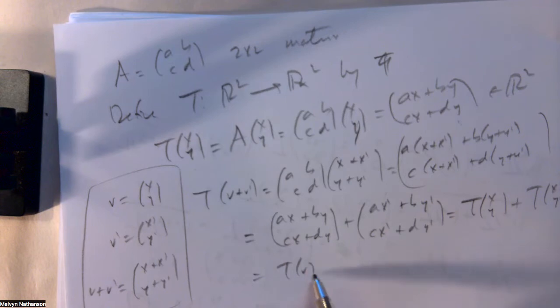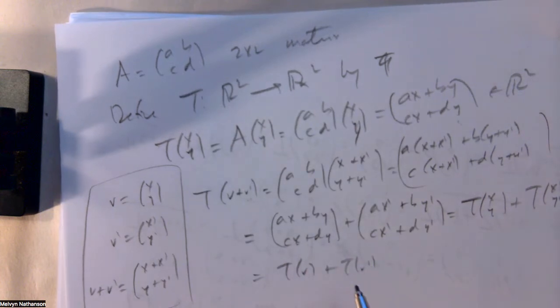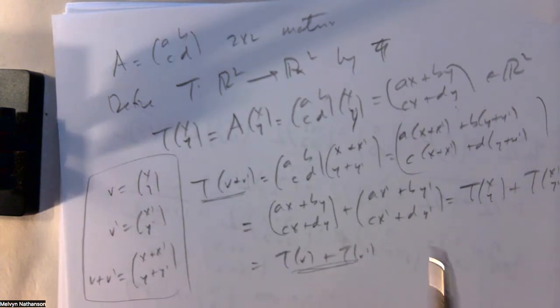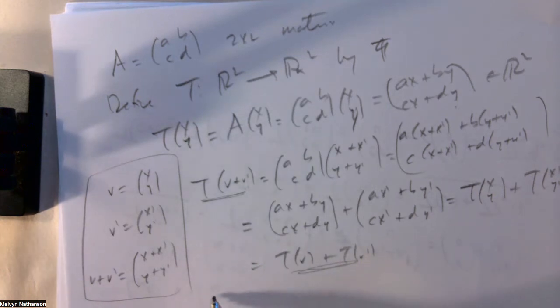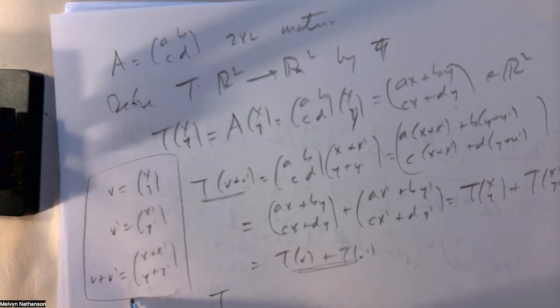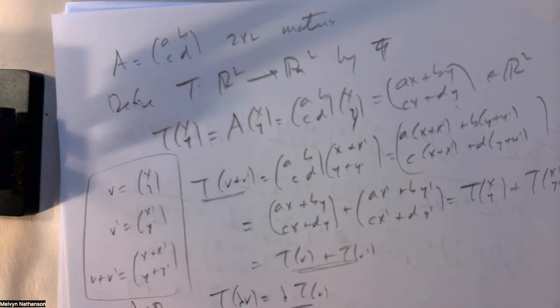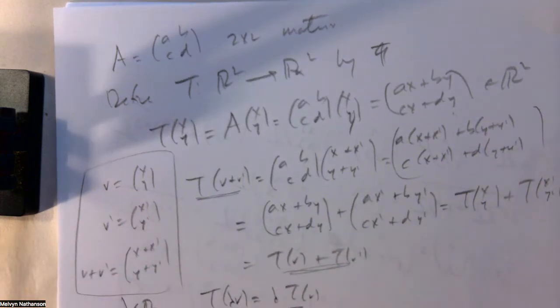So that's T of v plus T of v'. So the first requirement for a linear transformation is satisfied. And it's also straightforward to check that if I take any lambda, a real number, T of lambda times v is lambda T of v. This is also satisfied. So every 2 by 2 matrix defines a linear transformation from R2 to R2.